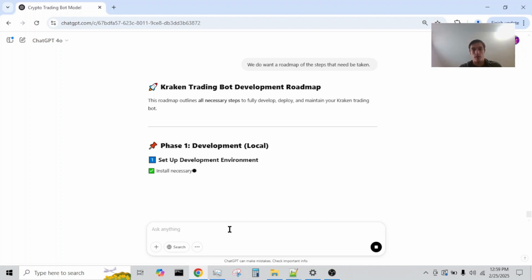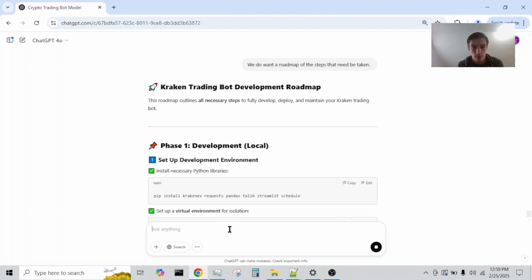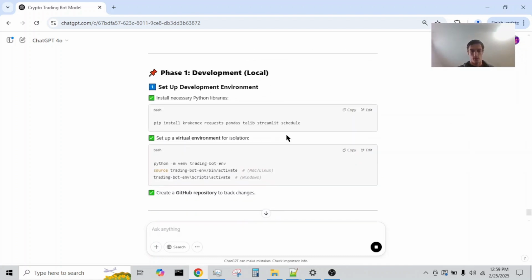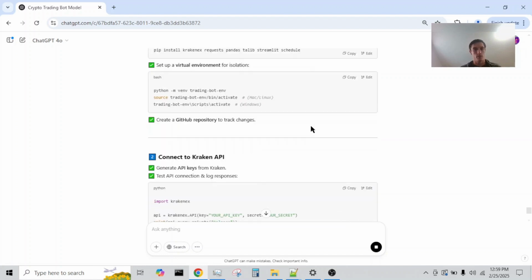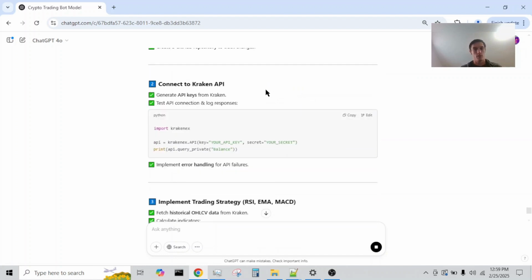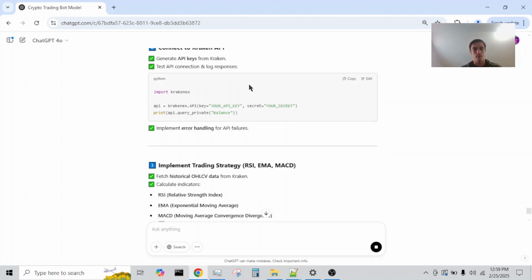All right, Kraken trading bot development roadmap. Phase one, we're going to be on our local machine. That's smart. We don't need to host anything quite yet. Make sure all of our packages that we're going to use are installed. Connect to the Kraken API.